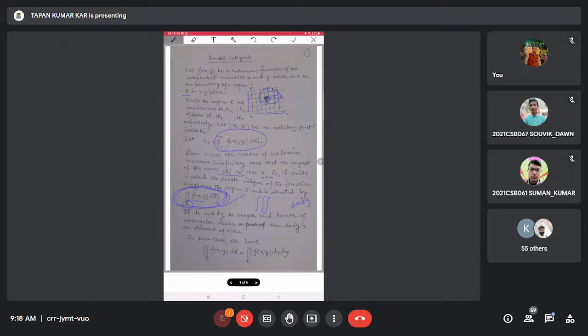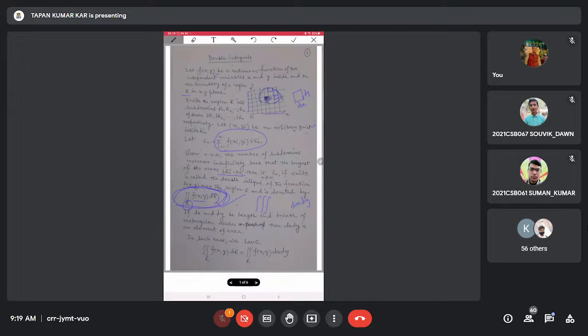How dx dy? If dx and dy are the length and breadth of the rectangular meshes, then dx dy is an elementary area. That is, if you consider an elementary area like this, its thickness is dx and its height is dy, then dR is actually dx into dy.